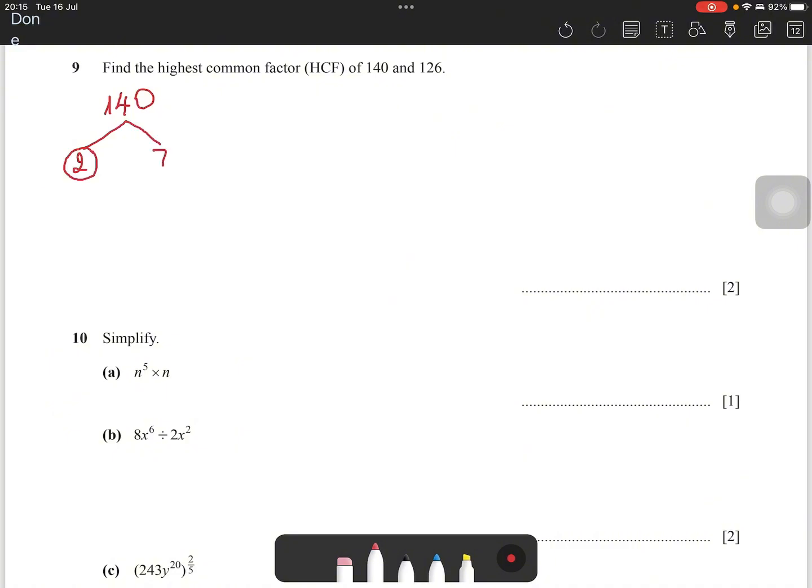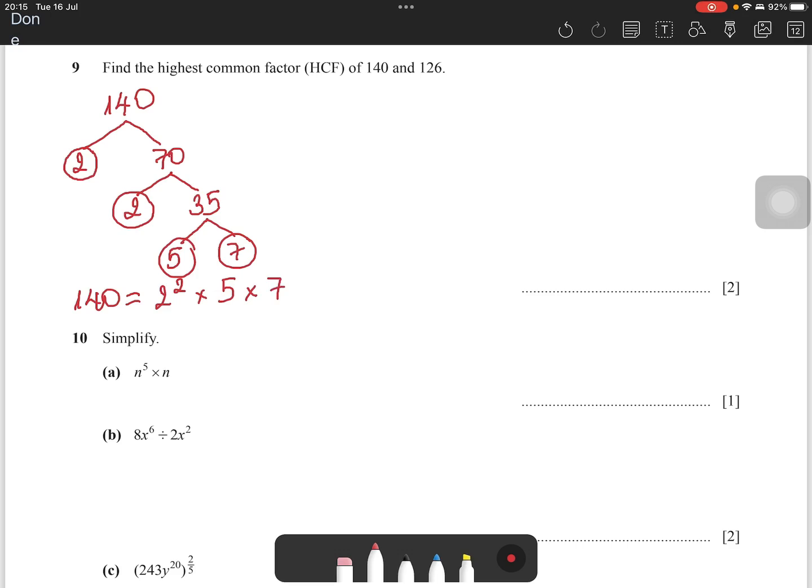Then the other number is 70. 70 is not a prime number, so we continue to split it into 2 times 35. 2 is a prime factor. Now 35 is 5 multiplied by 7. They are prime factors. So we say that 140 equals 2 squared multiplied by 5 and multiplied by 7.